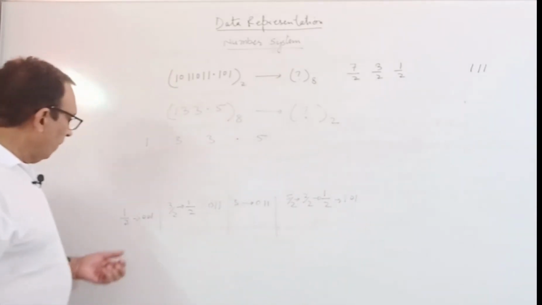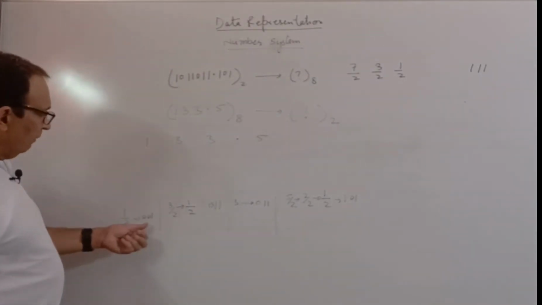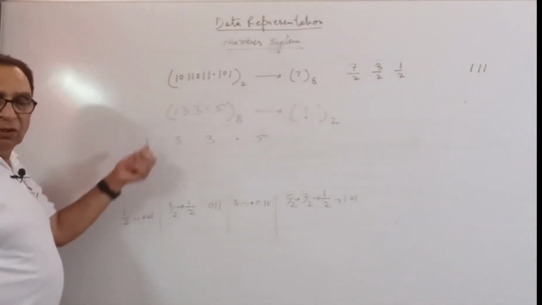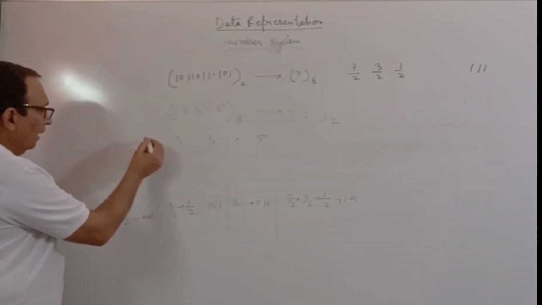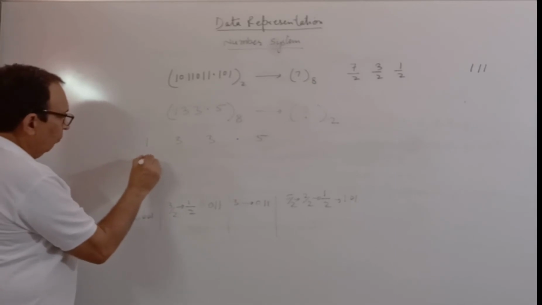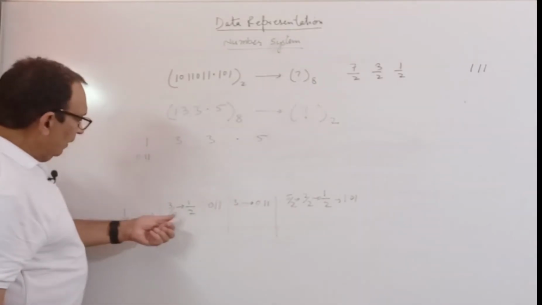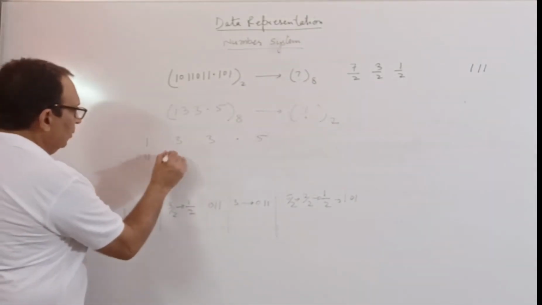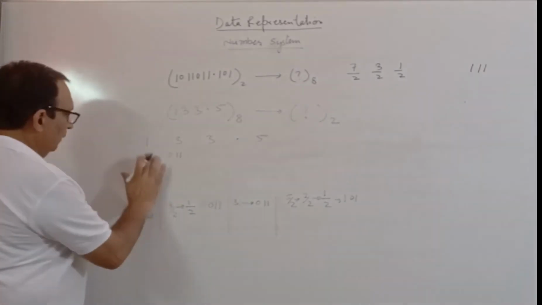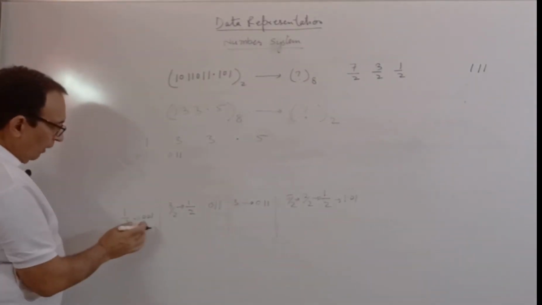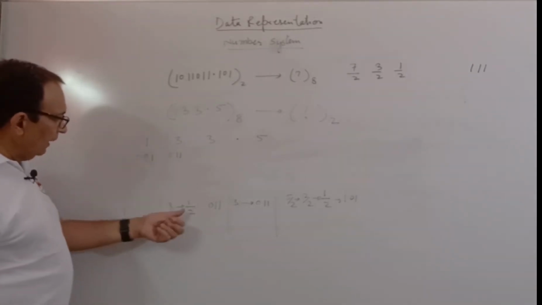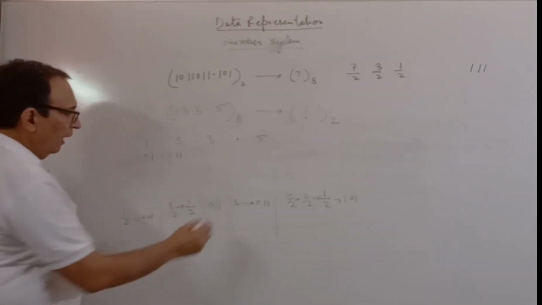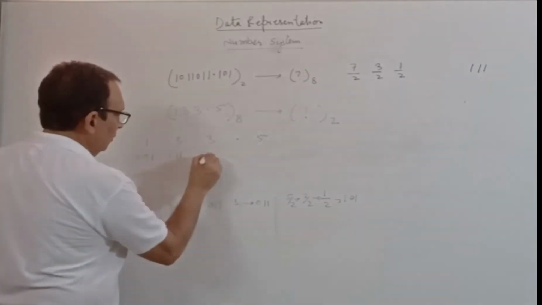So what you do, write the respective equivalent of octal under each digit here. Under 1 you have to write 001, under 3 you have to write 011, and again under 3 you have to write 011.